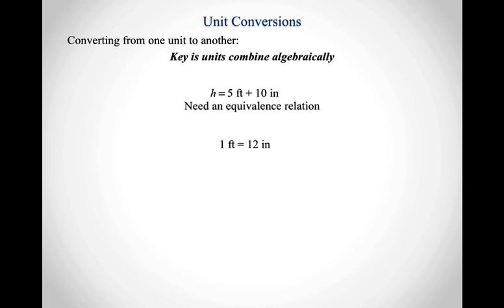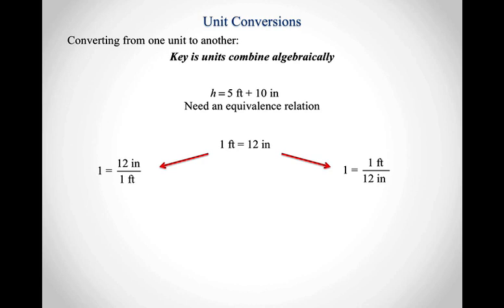And so now I've got some options, right? So I can take this height and turn it into something in feet as a single unit or something in inches as a single unit. And so let's just look at each of those processes, because to do that, what it means is I'm basically going to use this same equivalency relation, but in a slightly different form.